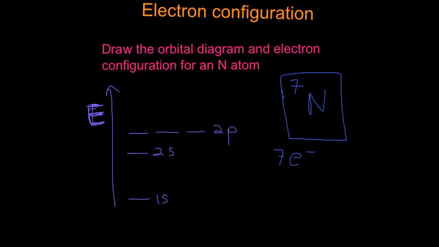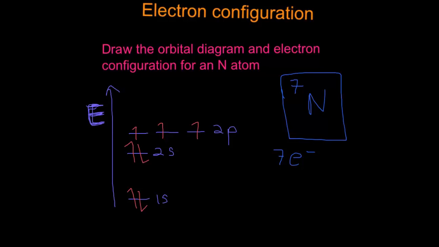Okay, so if we're drawing this orbital diagram, we need to follow the Aufbau principle and Hund's rule. So we have 2 electrons in our 1s, 2 electrons in our 2s, and then 3 electrons in our 2p orbital for a total of 7 electrons.